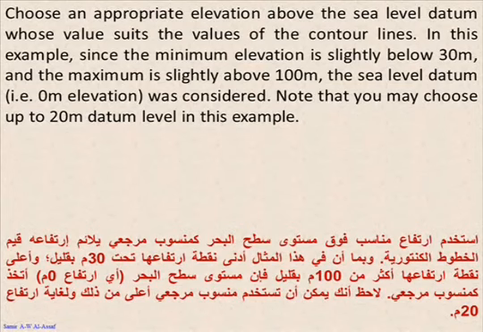In this example, since the minimum elevation is slightly below 30 meters and the maximum is slightly above 100 meters, the sea level datum, that is to say 0 meter elevation, was considered. Note that you may choose up to 20 meters datum level in this example.